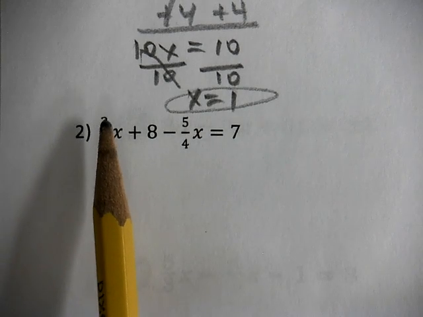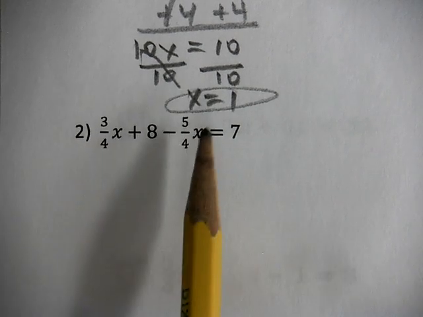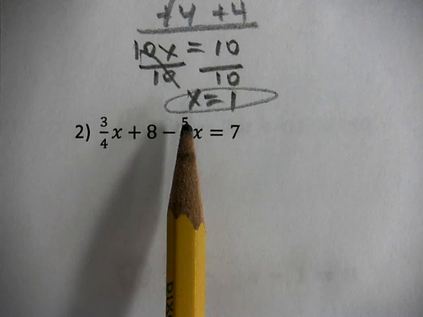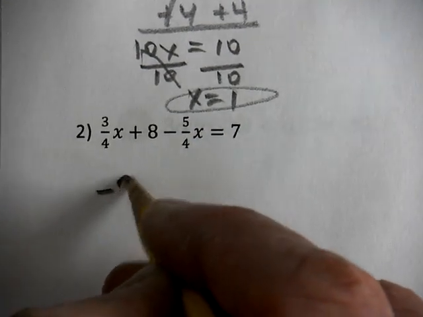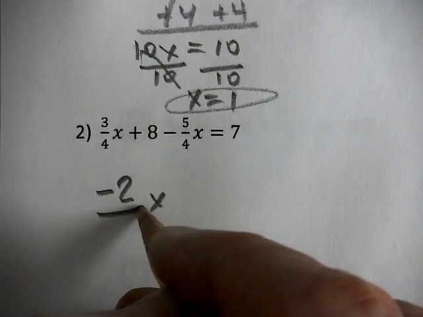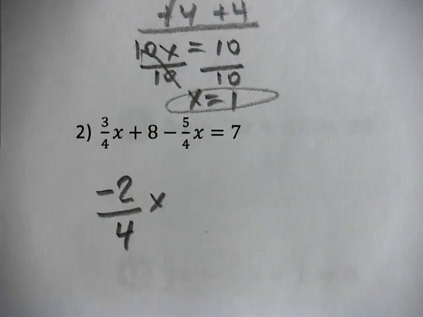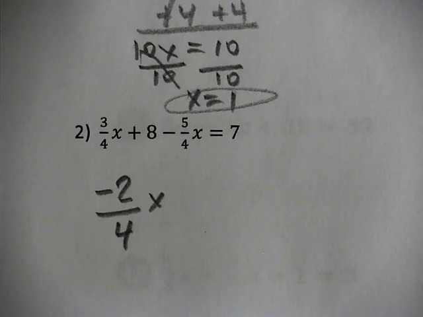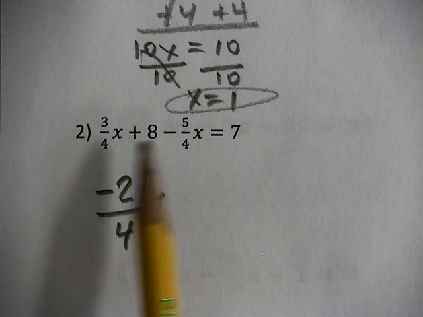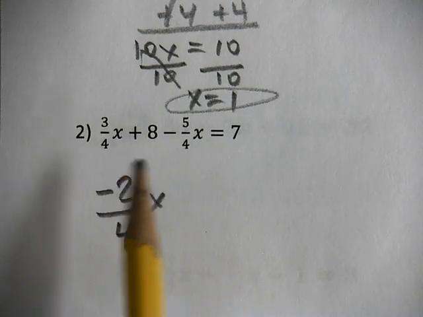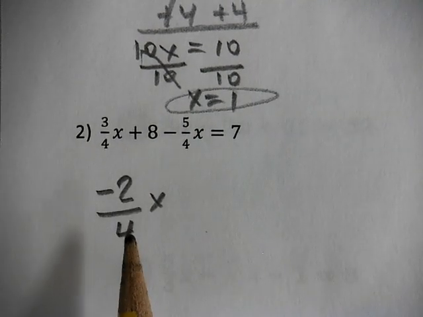So I'm going to look at this positive 3 and this negative 5. And that would give me a negative 2x with a denominator of 4. The 4 doesn't change. You don't add 4's together. You don't subtract the 4's. They have common denominators of 4's.